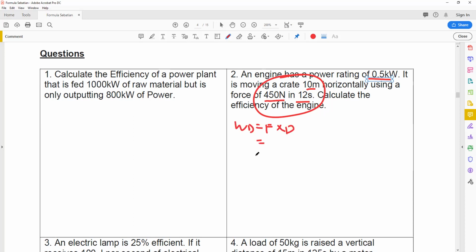Then after that, 怎么找 power? 除12。 Oh, then you'll get your power what? Then that power will be either divide 0.5, which is 500 watts, by the way.